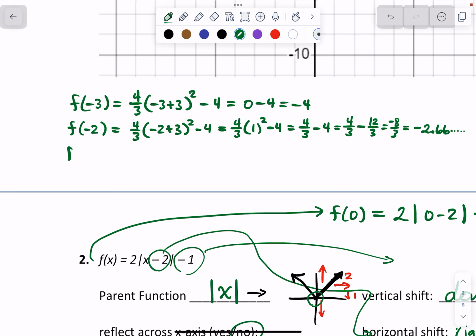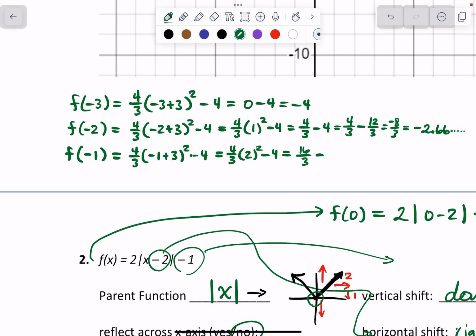So let's plug in -1. 4/3 times (-1 plus 3) squared minus 4. 4/3, 2 squared minus 4. Okay, 2 squared is 4. 4 times 4 is 16/3.